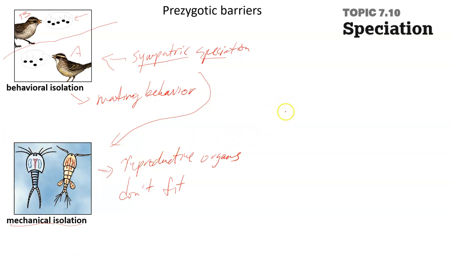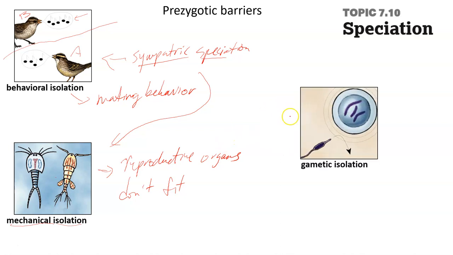Okay, our last prezygotic barrier, gametic isolation. This means that the sperm and egg union cannot occur because of this junction that occurs right here at this egg sperm interface. It's just not possible for that sperm to pass its genetic material into that egg due to the way these different egg and sperm have evolved.